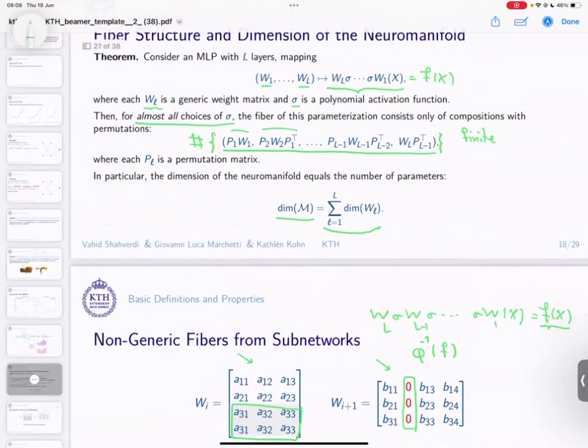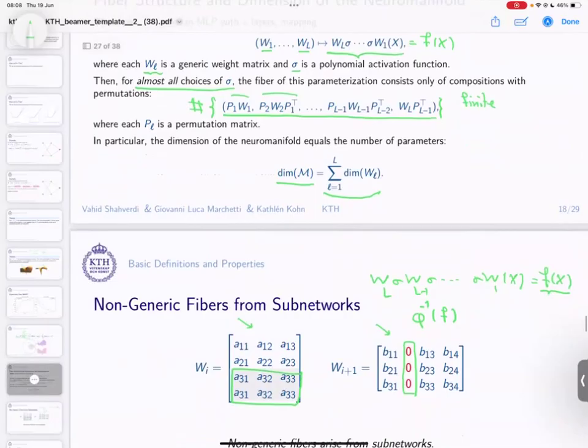In the previous slide, we saw that only finitely many points exist in the fiber. But if I consider this F, the dimension of this fiber is going to be strictly larger than 0. So we are not going to get only finitely many tuples of matrices.